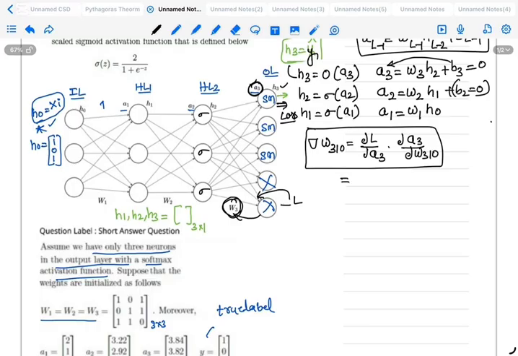From the relation we know dou L by dou A3 equals y hat minus y, or you can write minus of y minus y hat also. There is a derivation in the lectures. So dou L by dou A3, that is the differentiation of loss with respect to the pre-activation, is y hat minus y, and dou A3 by dou W3 we have to find.